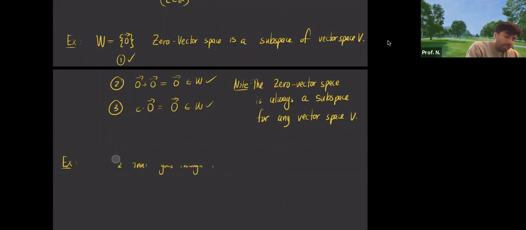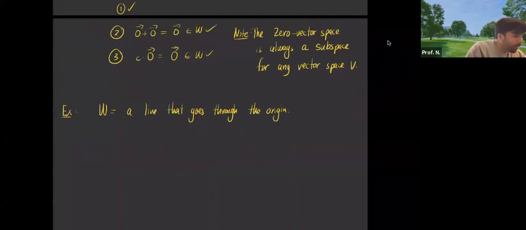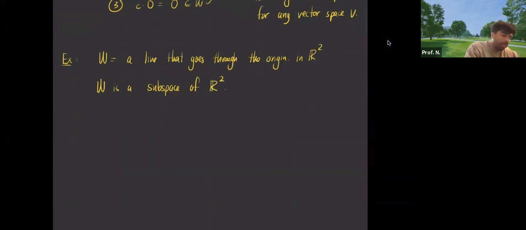So I'm gonna call this W. W is a line that goes through the origin, in R2. So W is a subspace of R2. Now, why is that?